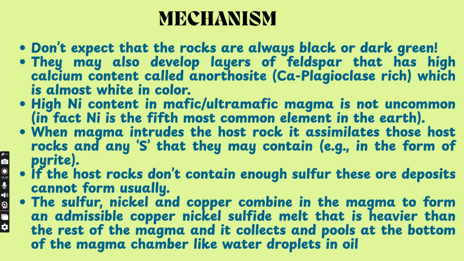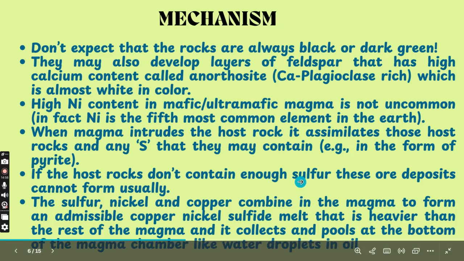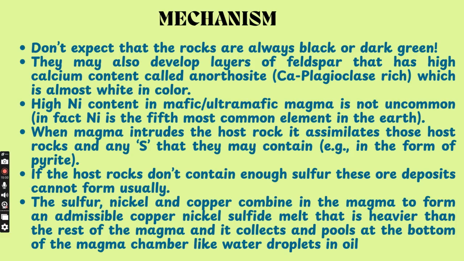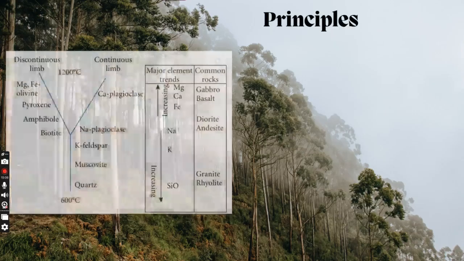So therefore, wherever we are getting sulfide-related primary magmatic nickel deposits, of course the surrounding host rocks must have supplied sulfur. So sulfur-containing host rock is essential. And of course when that sulfur-rich fluid forms, it will automatically separate like oil and water.